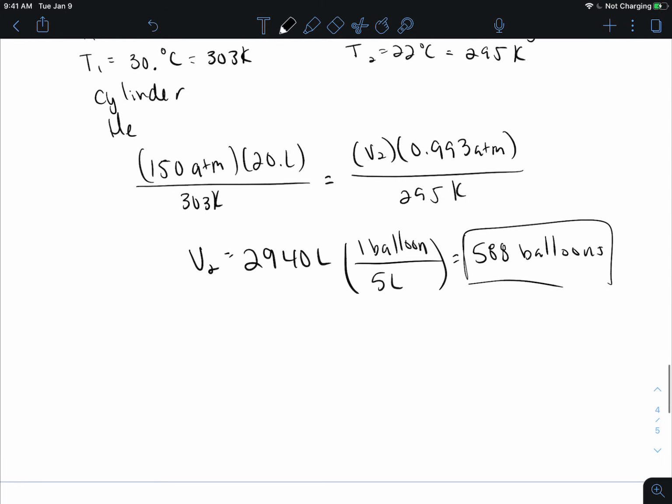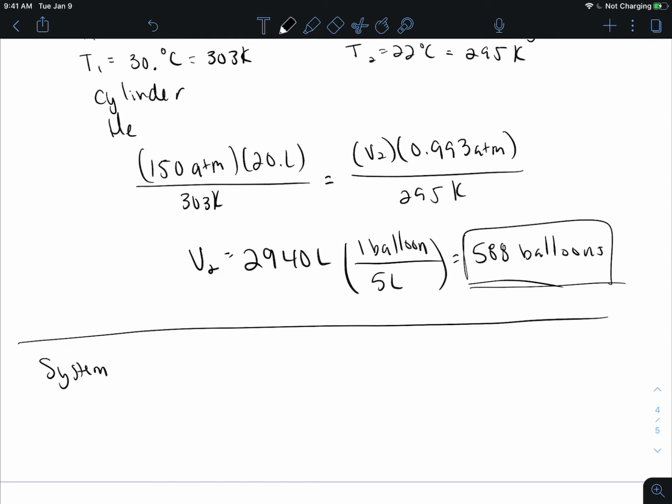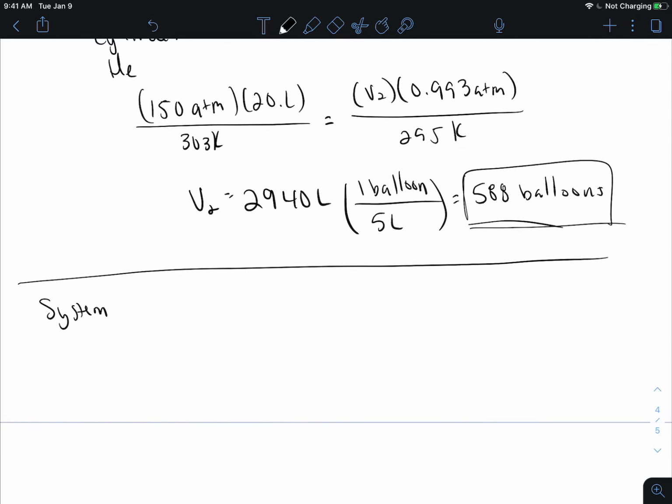Okay, next is our Avogadro's law. So the next system we're going to look at, we have pressure and temperature fixed.